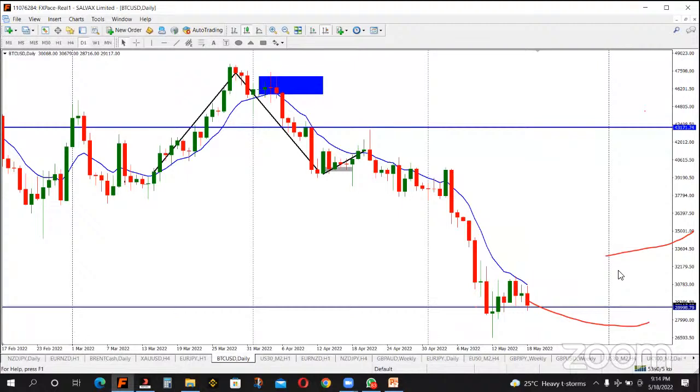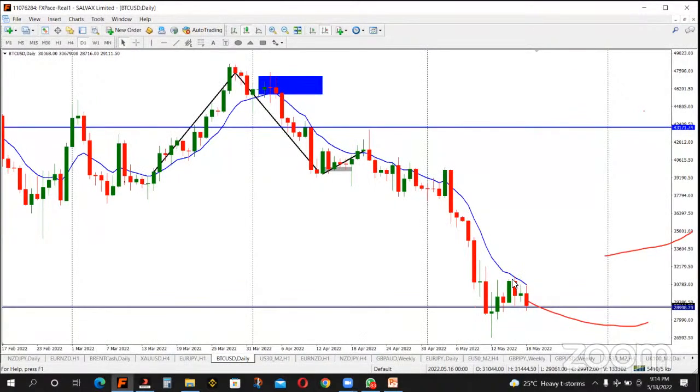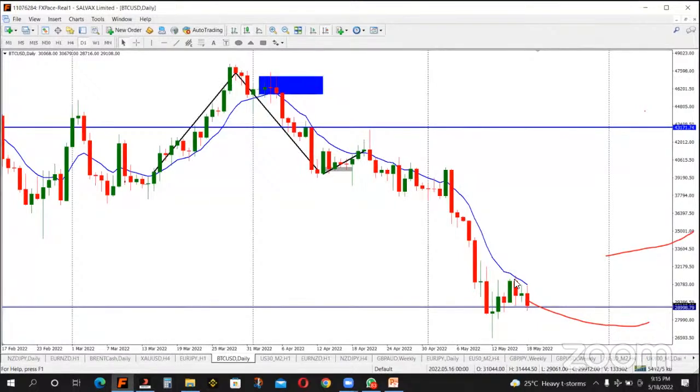The question is, where should we sell? You will sell when price is close to or on the moving average, but it should be below the moving average. Just be waiting for price to touch the moving average. If you are on the 1 hour time frame, allow that 1 hour to close. It can break above the moving average, but it closes below.